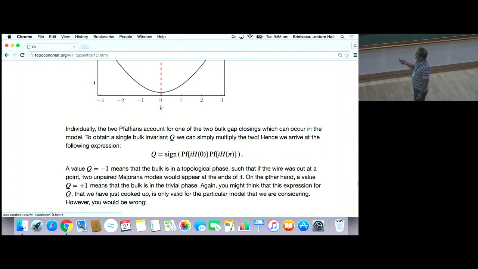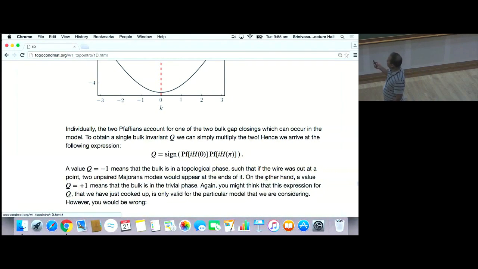So this suggests that the topological invariant should be a product of the two Pfaffians, because at each gap closure, one Pfaffian changes sign. First, you get a gap closure at k equals 0, and this one changes sign, and then later you get a gap closure at k equals pi, and this one changes sign, and if you get two gap closures, you should be back to trivial.